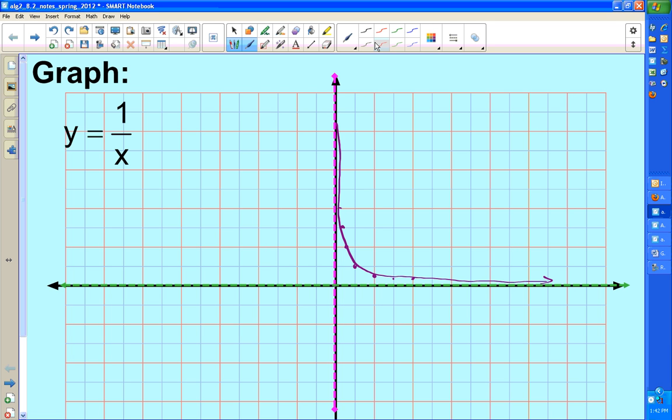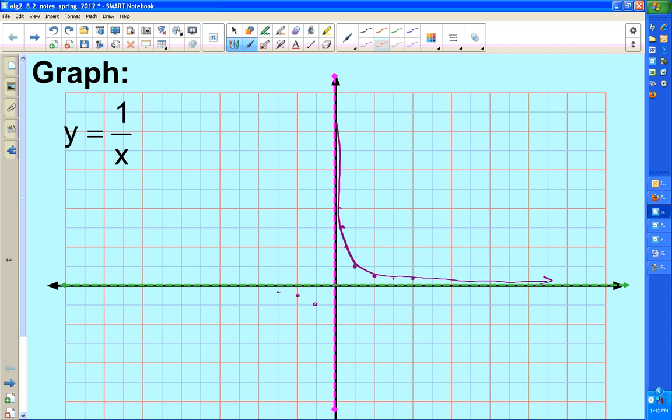Come on, what else? It's only in one bucket. -2, -1/2. -1, -1. -3, -1/3. Nice.